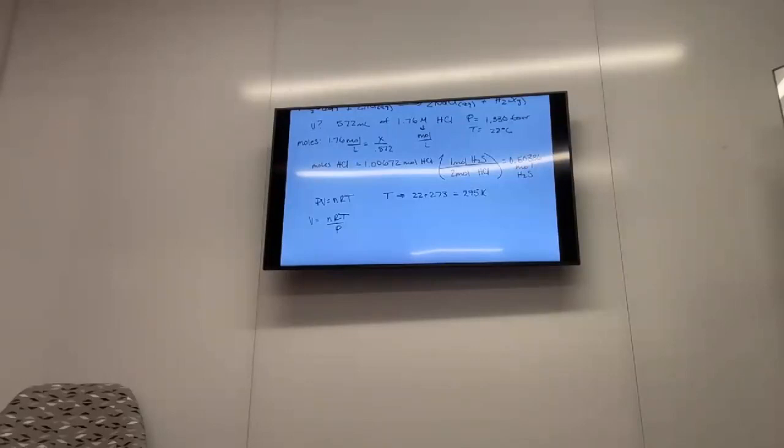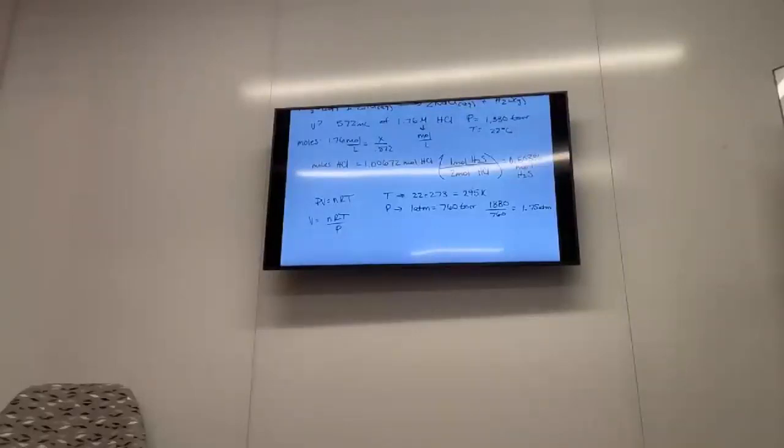Right, so 1 atm is equal to 760 torr. We can take 1,334 divided by 760. That's 1.75 atm. Is there anything else we don't know? Nope, looks good to me.